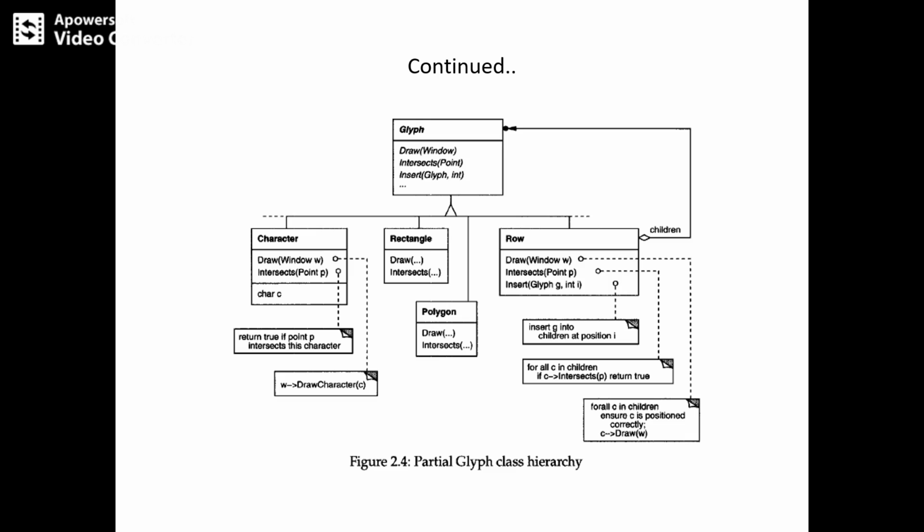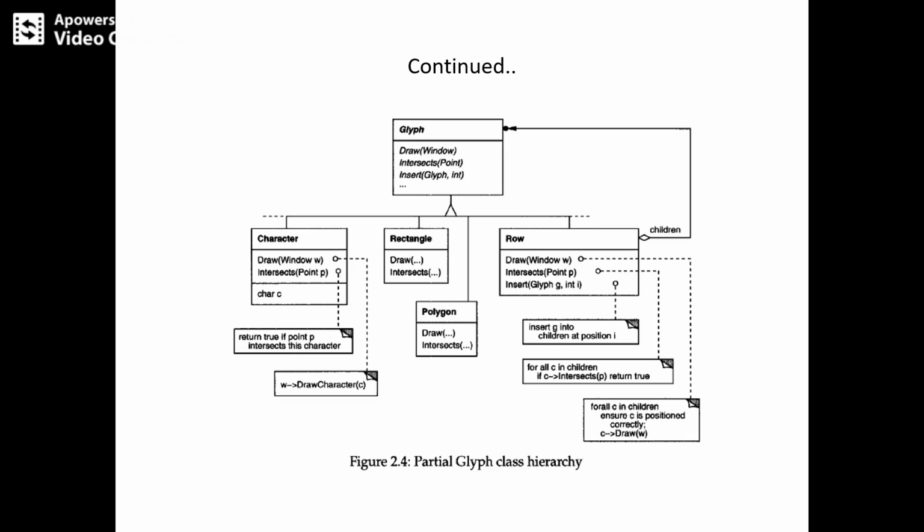The glyph subclasses redefine the draw operation to render themselves into a particular window: character, rectangle, row, polygon. The operations which will be rendered into a particular window are passed a reference to a window object in the call to draw.